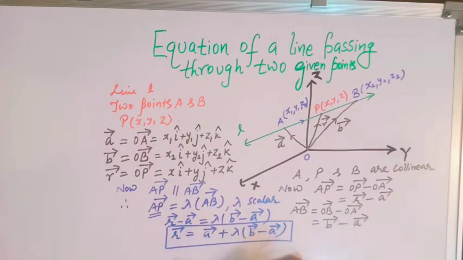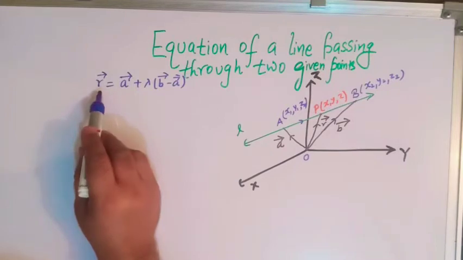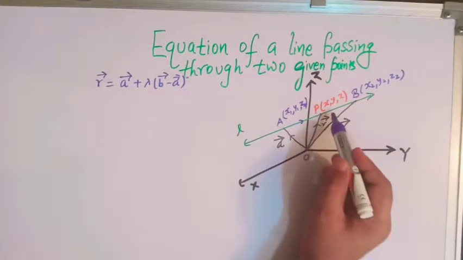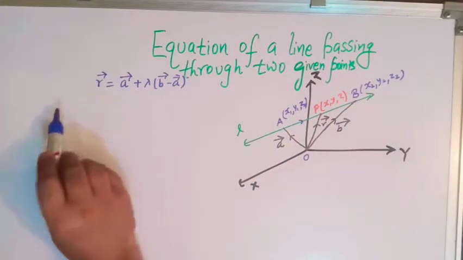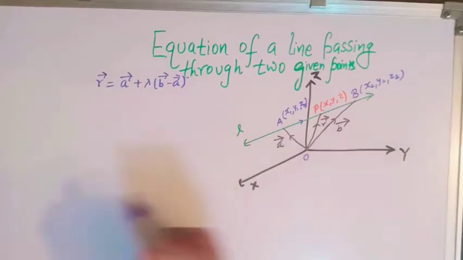Now let us find the Cartesian equation of this line, right? Now this is the vector equation of this line L, and let us find the Cartesian equation.